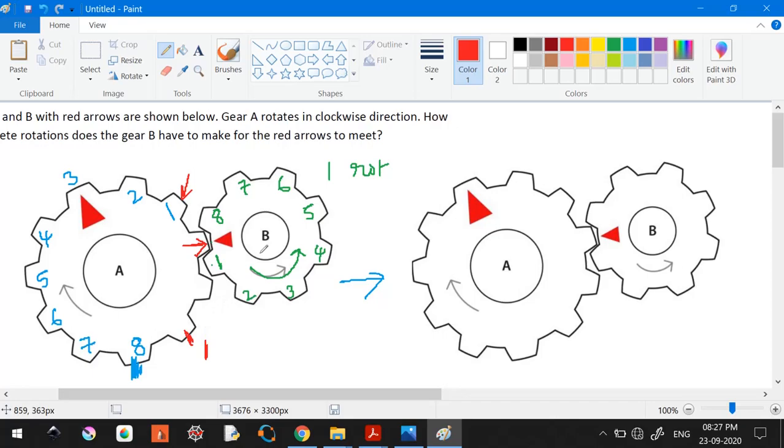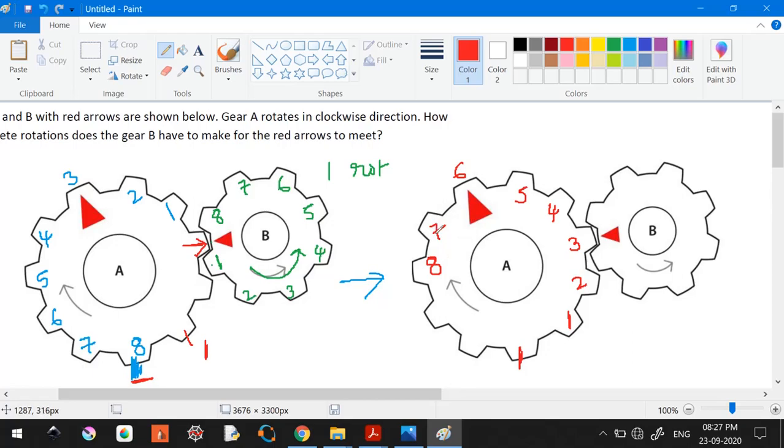I hope you are not confused. So I have to start where this is left, which is here. So now the numbering will be 1, 2, 3, 4, 5, 6, 7, 8, right? So you got this, right?